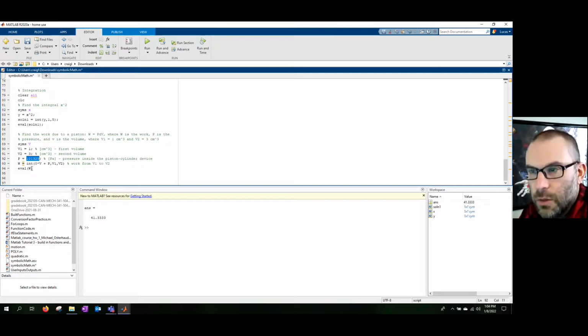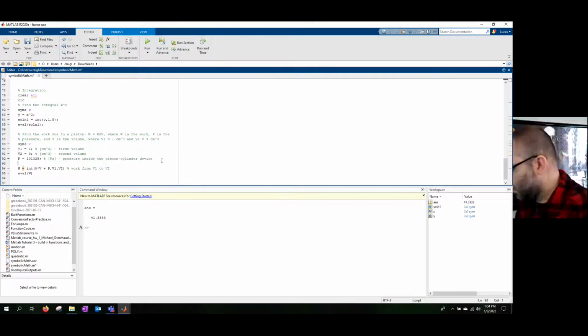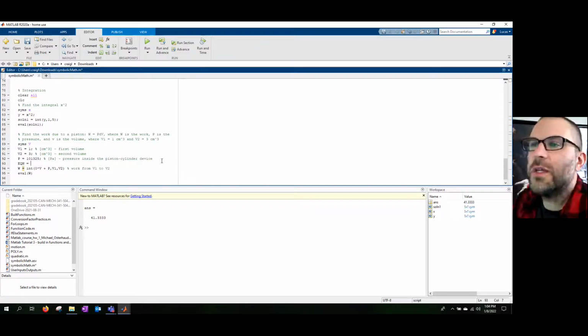Now what we're going to do is integrate this equation, P. But P is a constant.